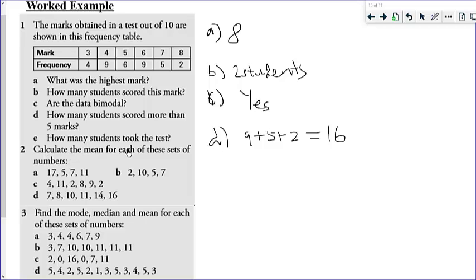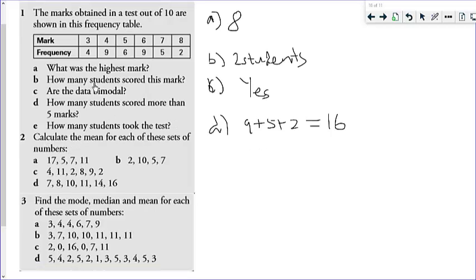Then how many students took the test? The number of students who took the test is the total frequency.